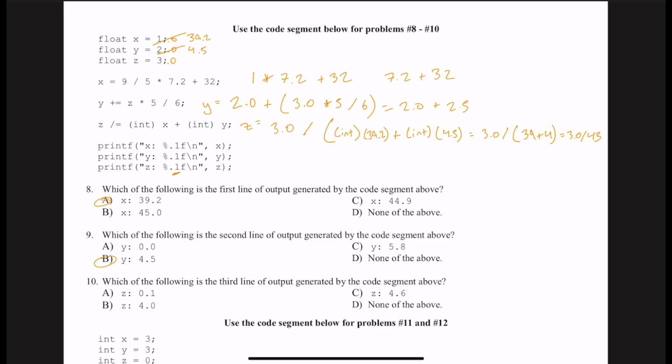But if you went through the calculator answer, you would find that this is 0.0697 approximately, and our printf would round it up, so it'd be 0.1.